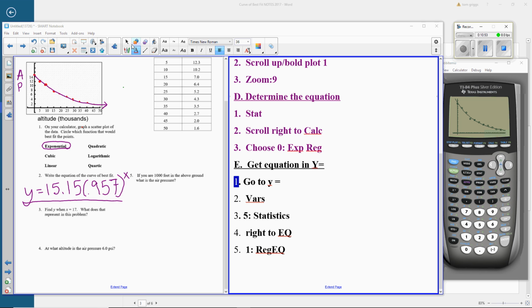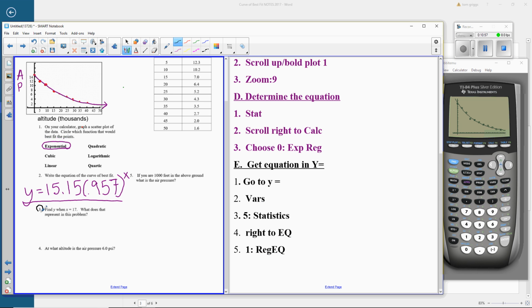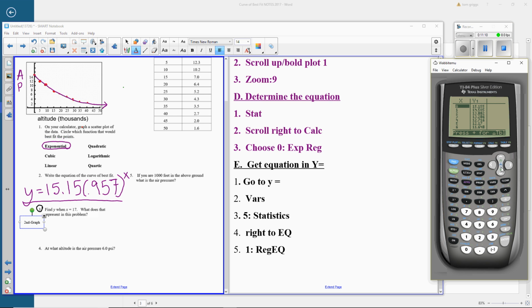So looking over here now at the questions, question 3 just wants us to find y when x equals 17. This you should be kind of familiar with. We're going to hit second graph, and I've got it written over here to look at the table. And we just want to find where x equals 17, so I'm going to scroll all the way down and get your corresponding y value.